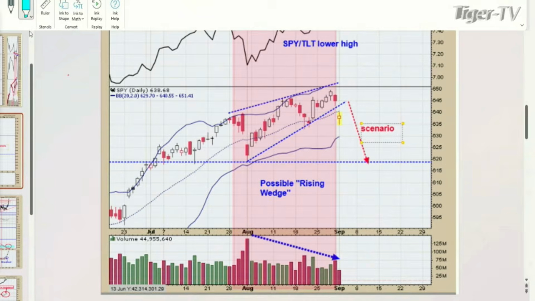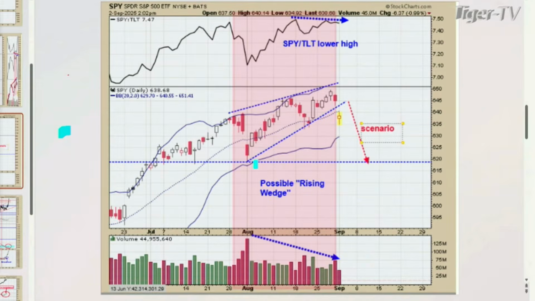This one's kind of hard to see, but the pattern forming is probably a rising wedge, which started back on the 1st of August and lasted till the end of August. And I think we're probably going to go back down to around the 620 area, probably a little bit lower on the SPY. And the reason I call this a rising wedge is that as the market moved higher, the volume kept going down.